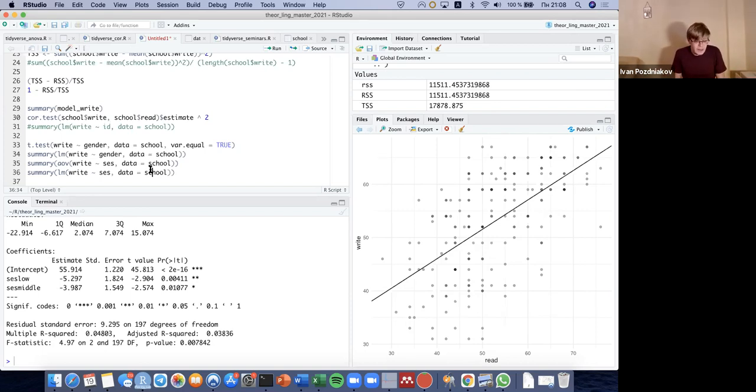It's a very important idea to understand and to have in mind when you think about which method you need to apply. Should we apply t-test, ANOVA, or linear regression? It's very important to know that they are actually one thing, right? It doesn't mean that if you have two groups you say, okay, I will do linear regression.